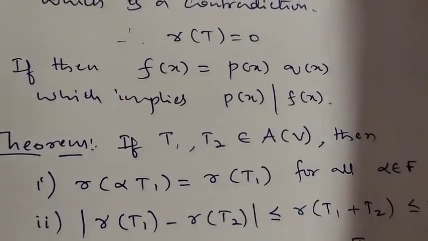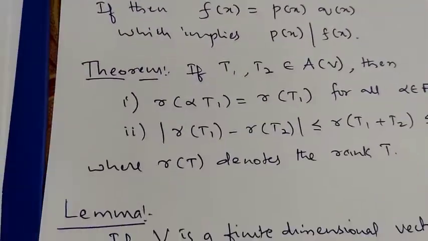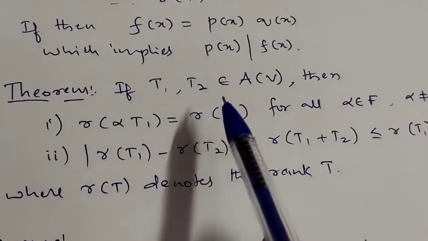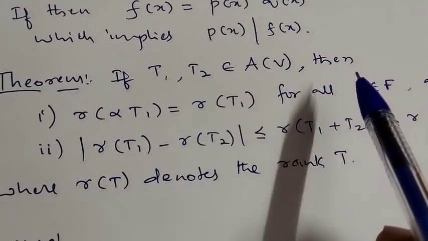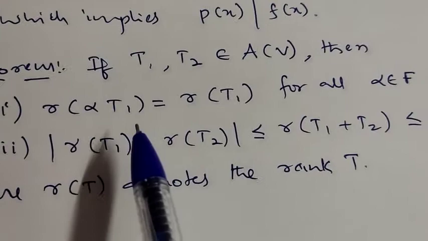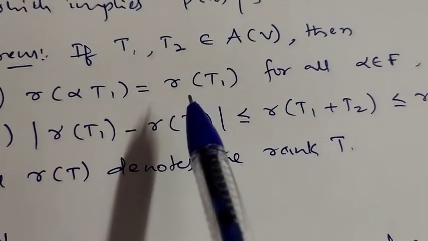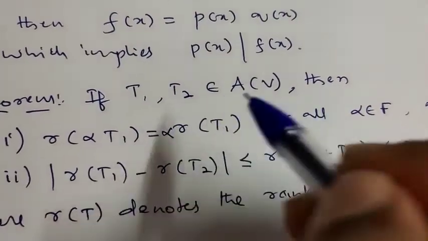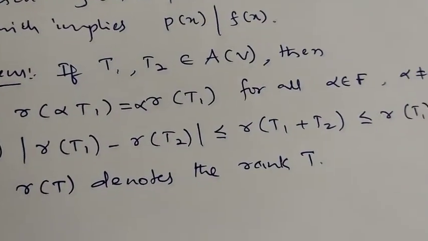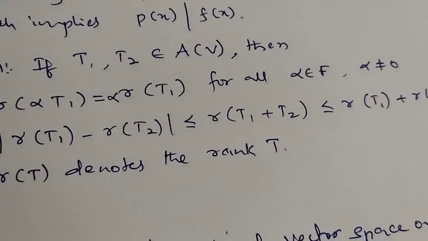Next, you observe this theorem. If T1 and T2 are linear operators on V, then the rank of alpha T1 is equal to the rank of T1, for all alpha belonging to F where alpha is non-zero.